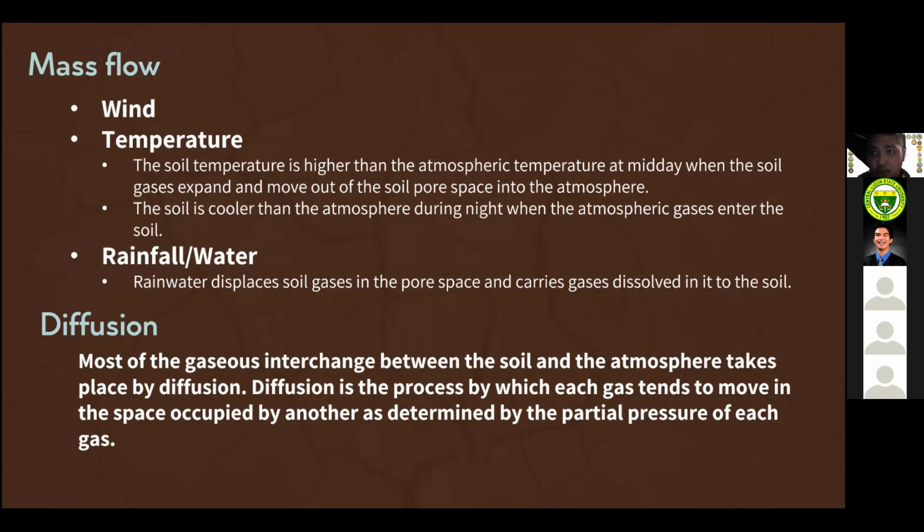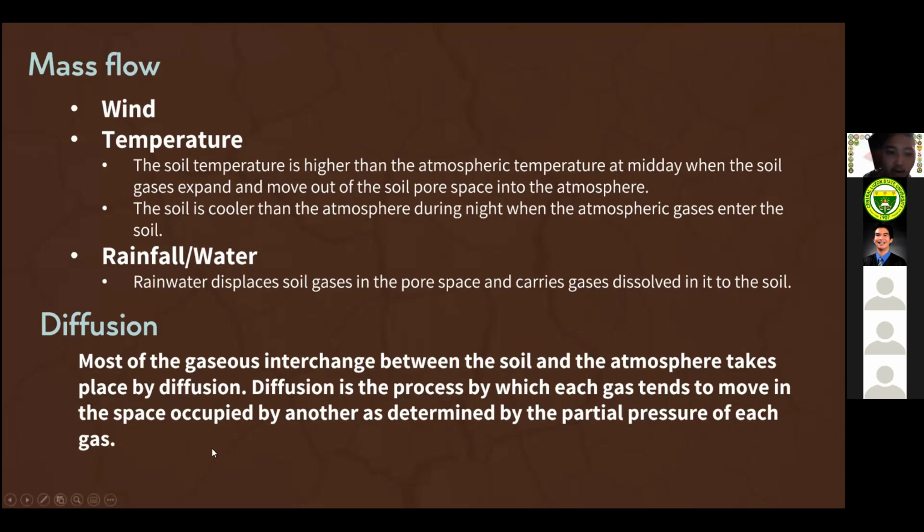So ang mangyayari, mapapalitan ng water yung air sa soil. Then after matuyo, after na ma-dehydrate yung soil natin, papasok naman doon ngayon yung another air from the atmosphere. So magkakaroon ng exchange of air.